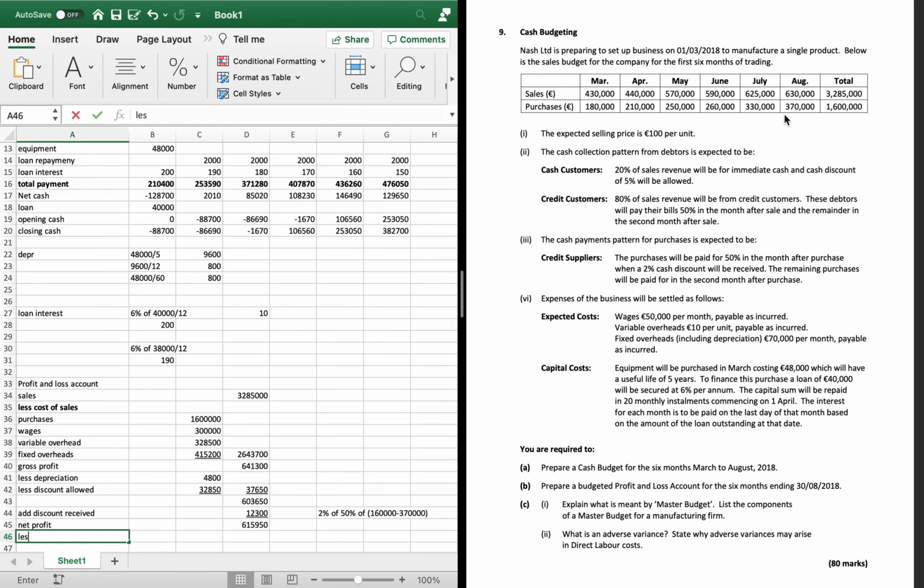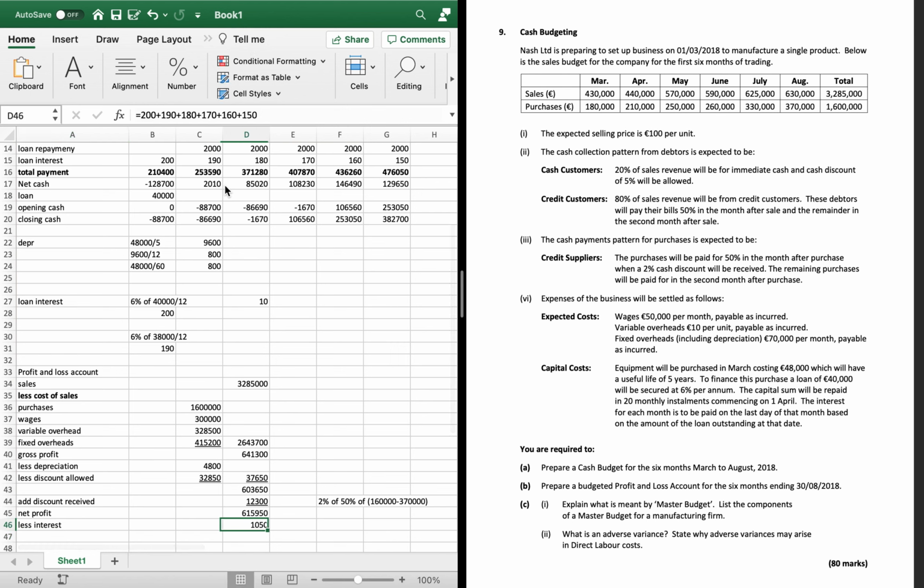And obviously from that you have to take away your interest. And your interest is just your interest added up. So 200 plus 190 plus 180 plus 170 plus 160 plus 150. So that's 6 by 200, 1200 minus 50 is 1100 minus, I'll just do it. 200 plus 190 plus 180 plus 170 plus 160 plus 150, 1050, which we're going to have to take away.